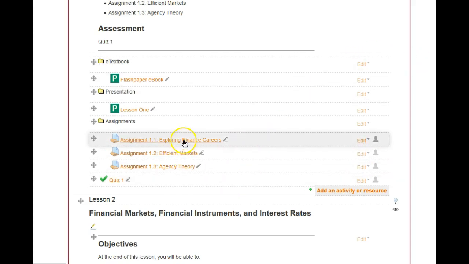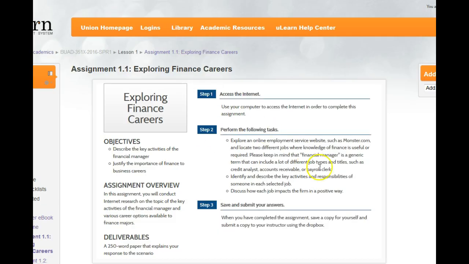The first one here is, we're going to explore financial careers. And I actually went out and did this because I found it, if you have to do it, I'm going to do it, right? So I wanted to see what your experience was going to be. If you do go to monsters.com or any other financial site, or any other employment site, and type in financial, or finance, it's going to bring up a long list of finance.